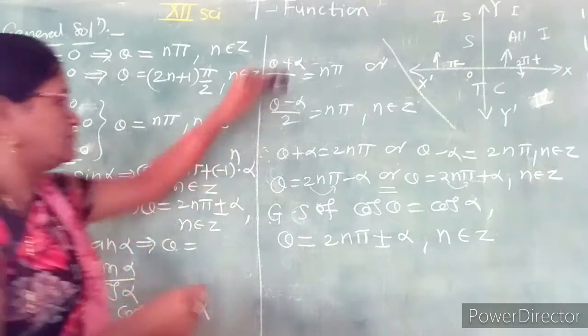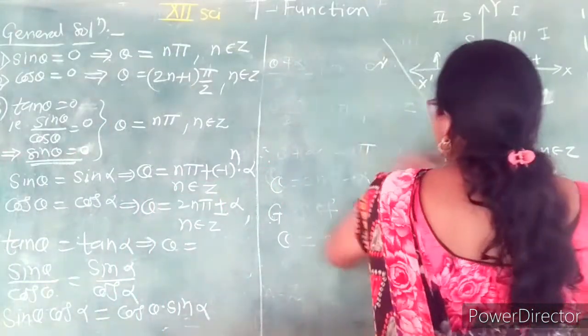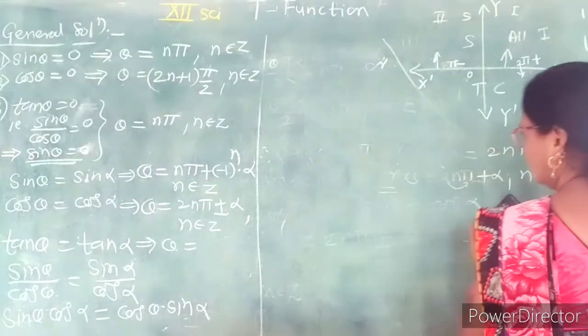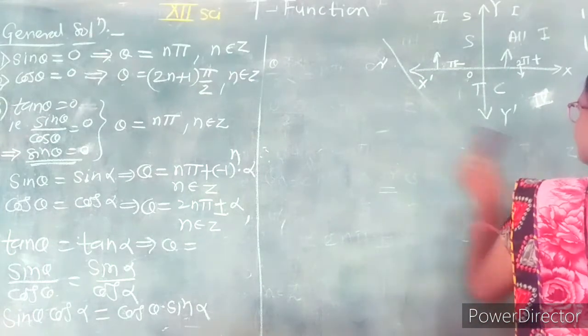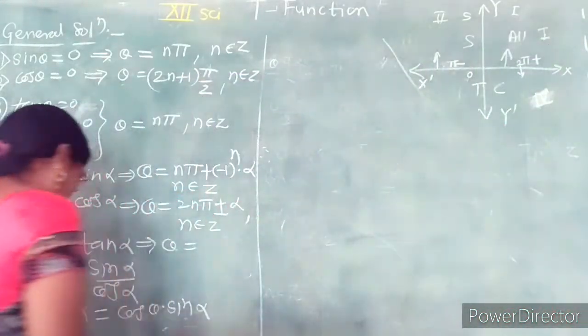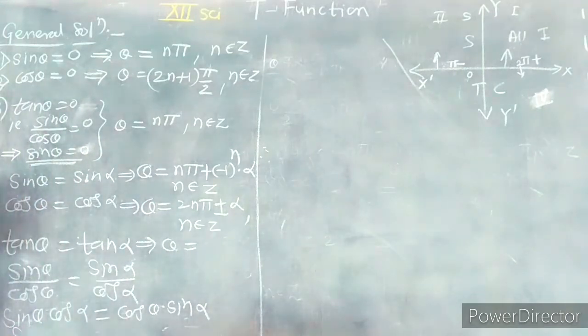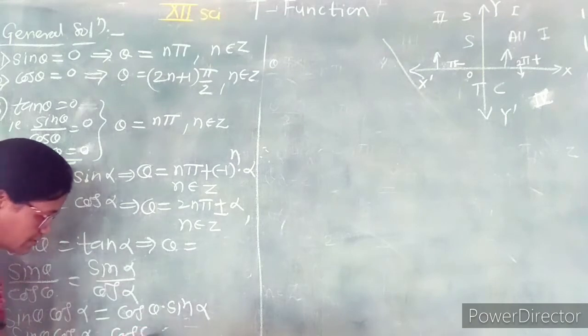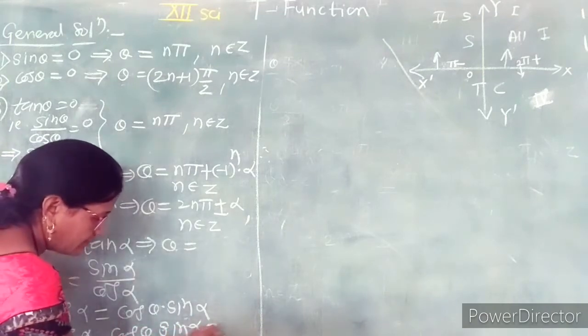Now shift this term to the left side. So for the next step we get sin theta cos alpha minus cos theta sin alpha equal to 0.